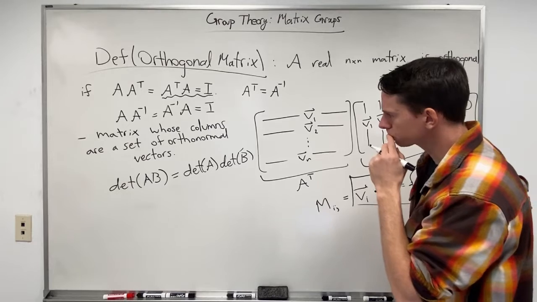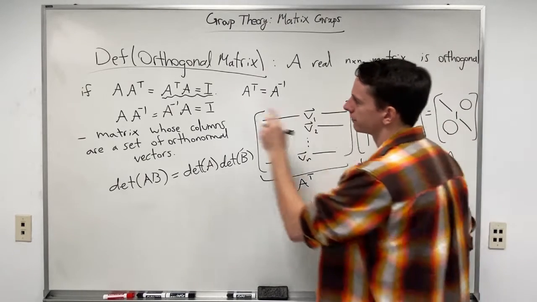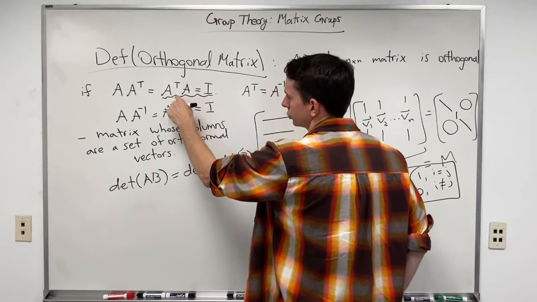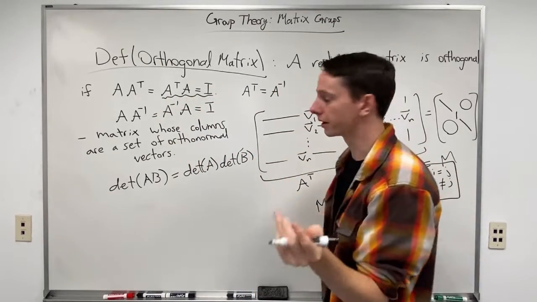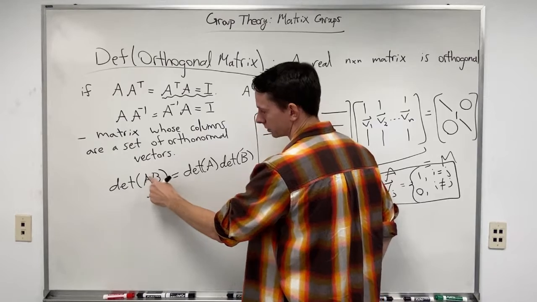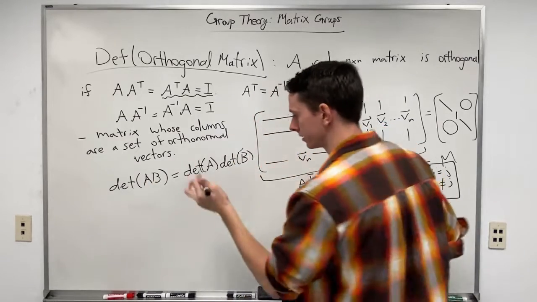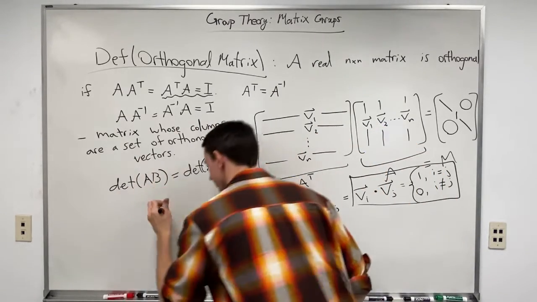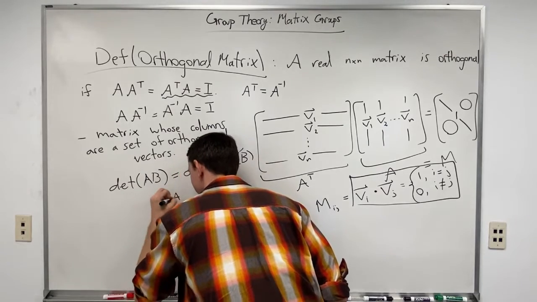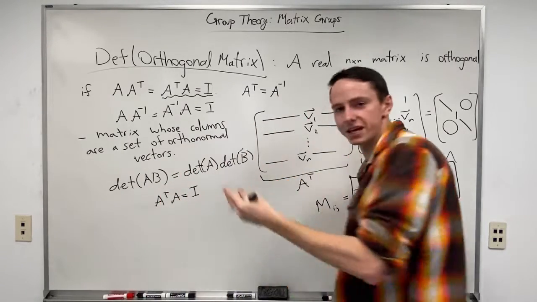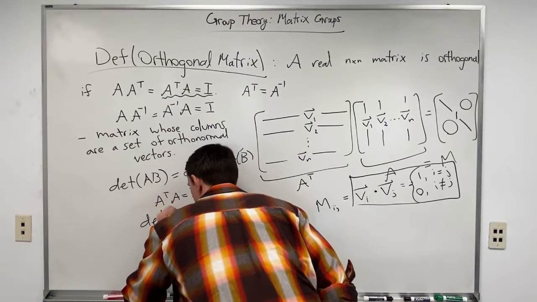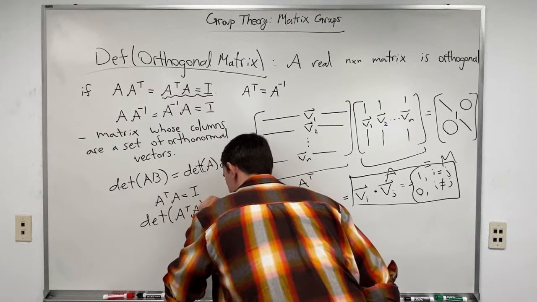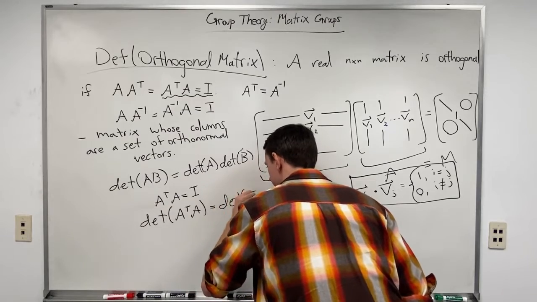So we know that if this condition is true, A transpose times A gives us the identity. Let's just plug in A transpose times A and the identity. If we were to take the determinant of both sides, then we're going to get the determinant of A transpose A equals the determinant of the identity.